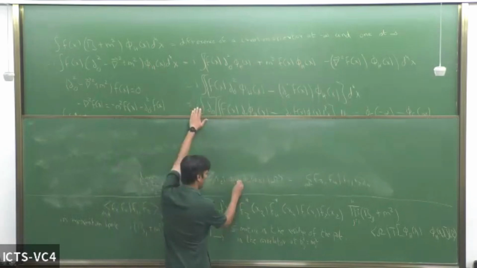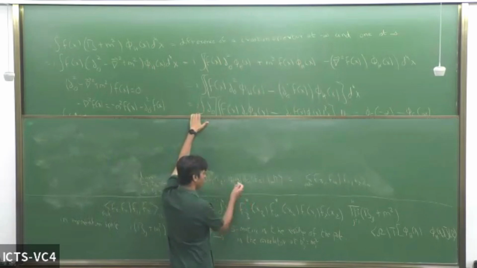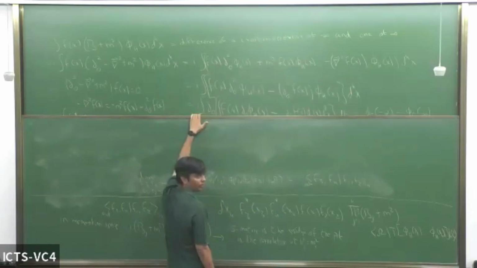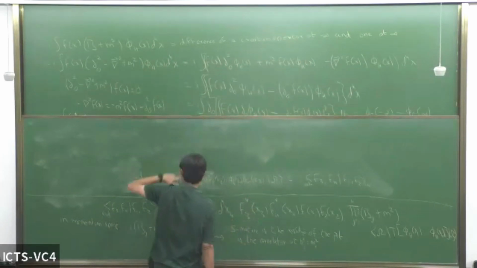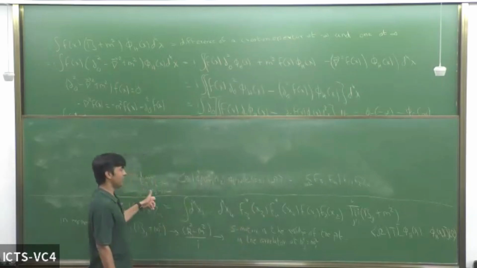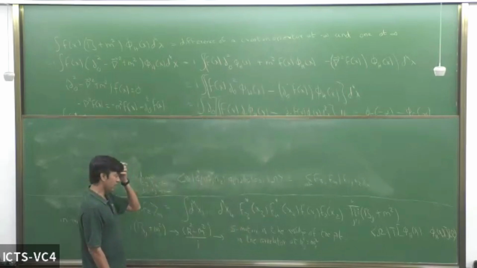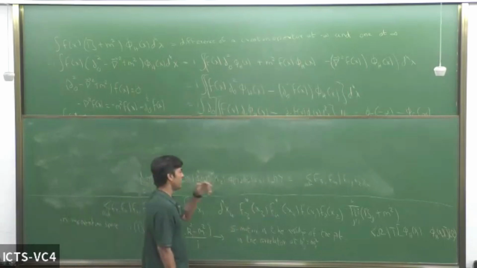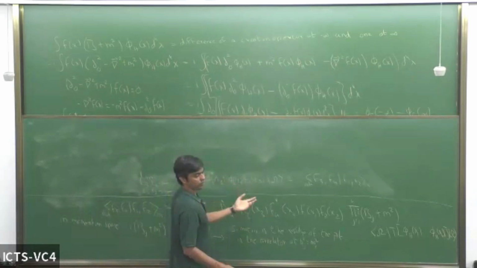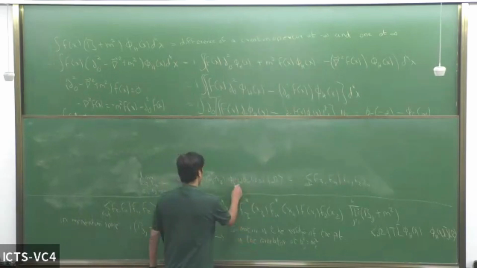There was some issue of what about the relative ordering of T1 and T2? You could have asked a question about order of limits issues. Is it the case that T1 is always larger than T2? Or what if I take T1 to be smaller? Do I have to take the limit T1 to minus infinity first or T2 to minus infinity first? There's an order of limits issue, but that doesn't matter because these operators at T1 and T2 are going to commute because F1 and F2 are widely separated.